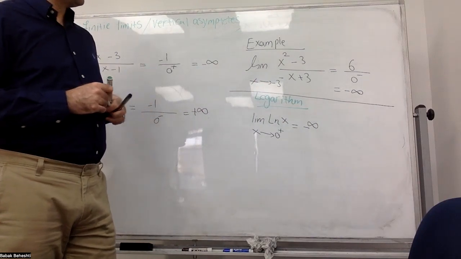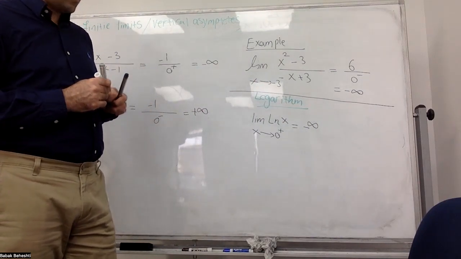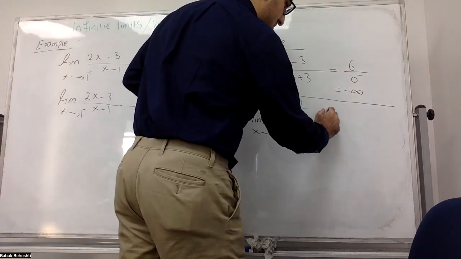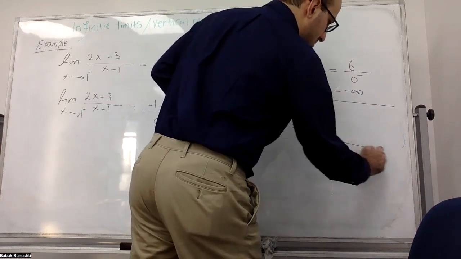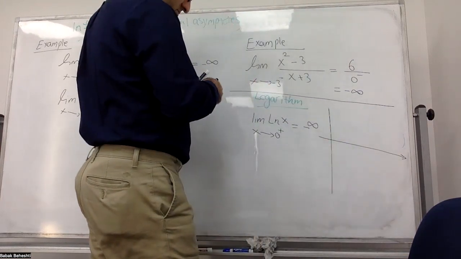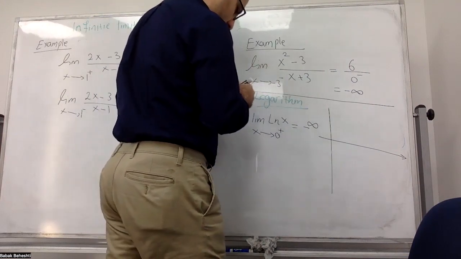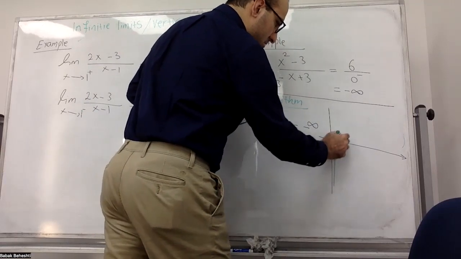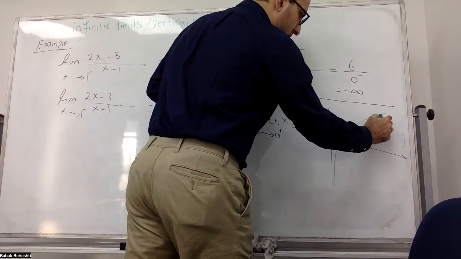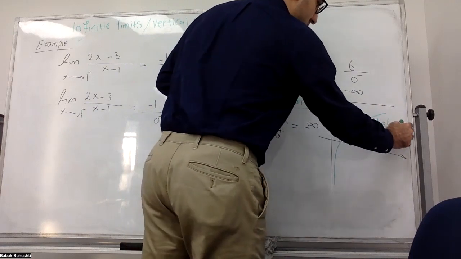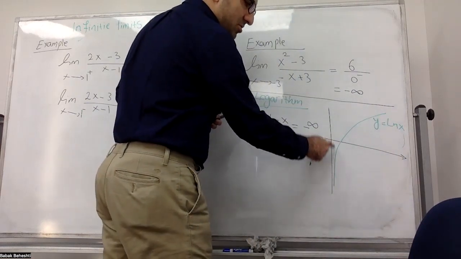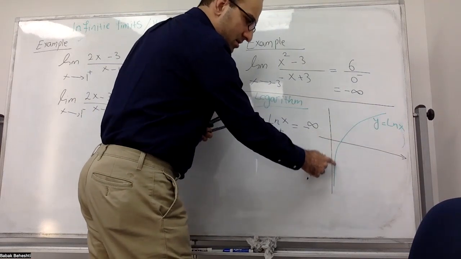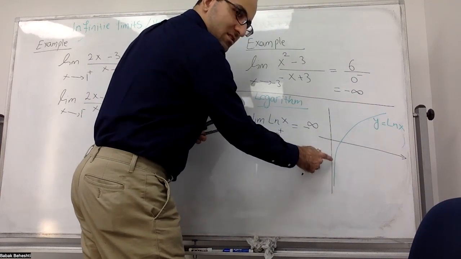So the limit of log x when x goes to 0 plus is minus infinity. And here is the graph you can see in a picture. The graph of log looks like this, so y equals ln of x, or log x. As x goes to 0 plus, log x goes to minus infinity.